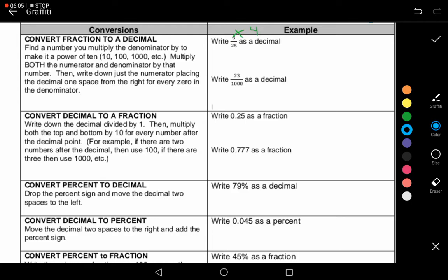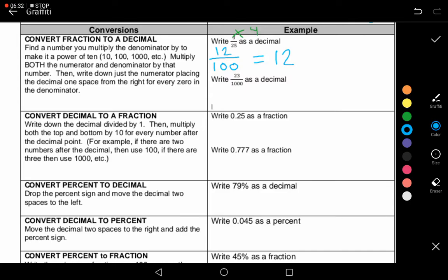So 3 times 4 is 12, and 25 times 4 is 100. Now we have this written over 100. Remember, a decimal is just however many parts of a whole, and that whole is 100. So we can simply write the numerator like it says. We're going to write 12.